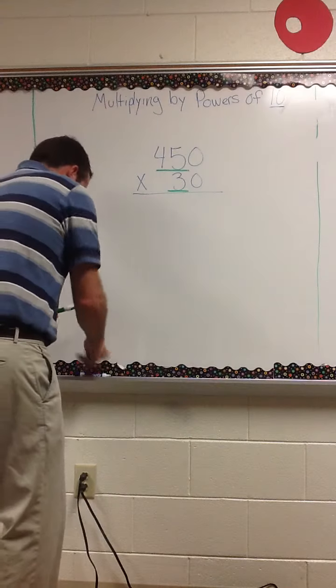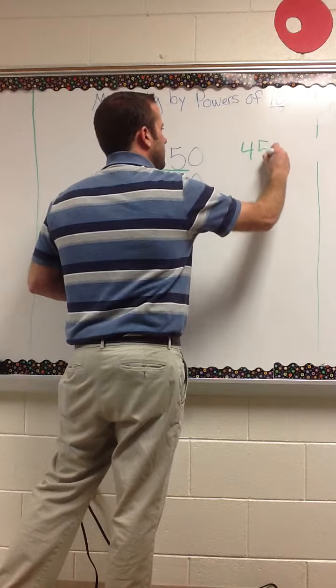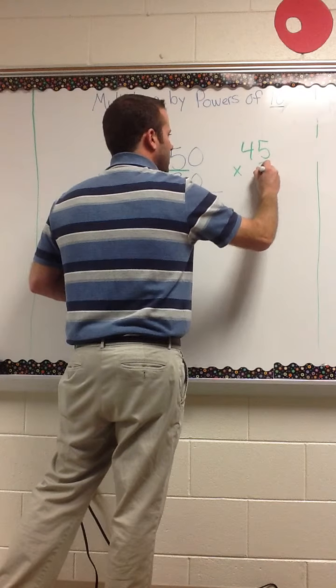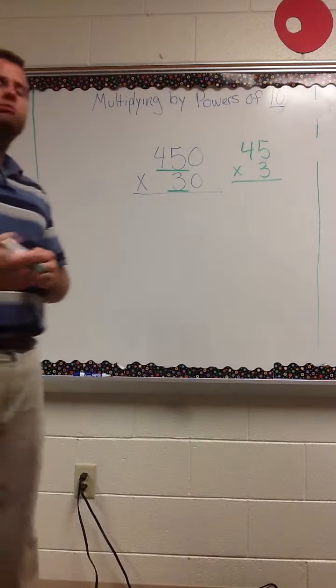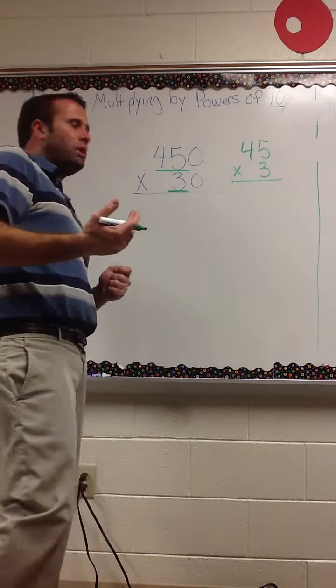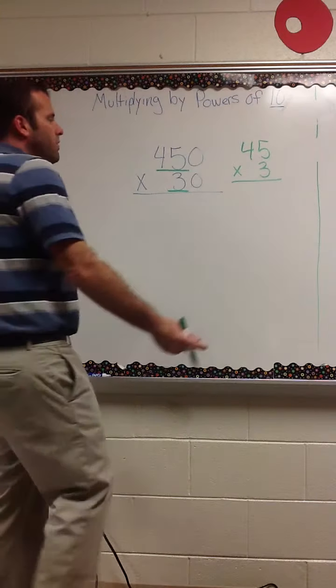So let's slide over to the side. Let's do green just to switch it up. And now I have a more simple problem. It's not as easy as a 1 digit by 1 digit, but it is more simple. I have the more simple problem of 45 times 3, so I want to go ahead and solve that.